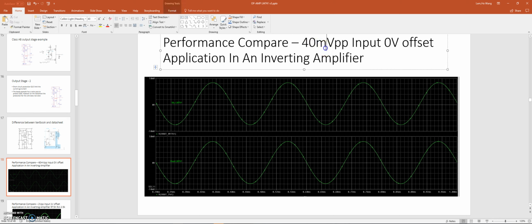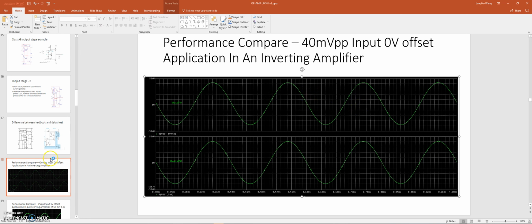Here we are seeing an input waveform of 40 millivolt peak to peak with an offset of 0, inverted. We expect a gain of -2. So here we see a peak to peak of 80, which is the same as the real one.